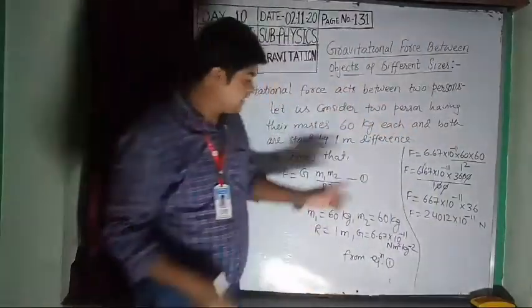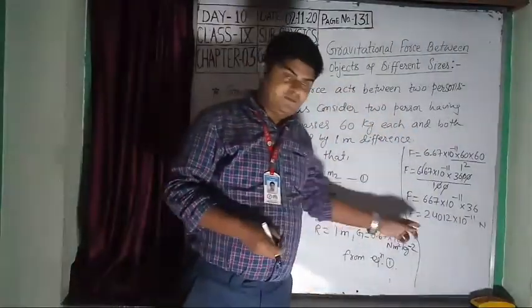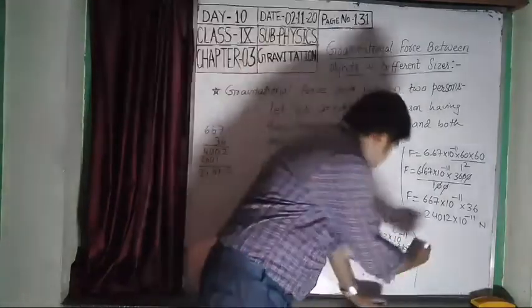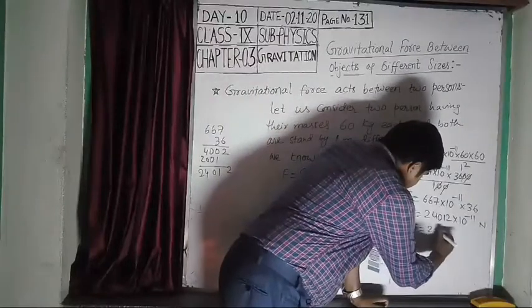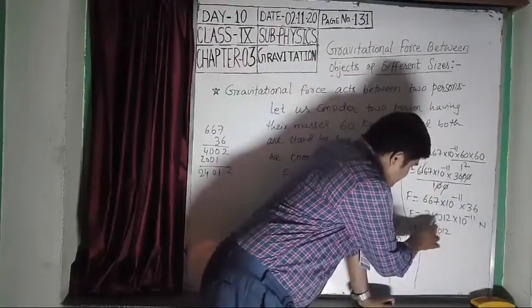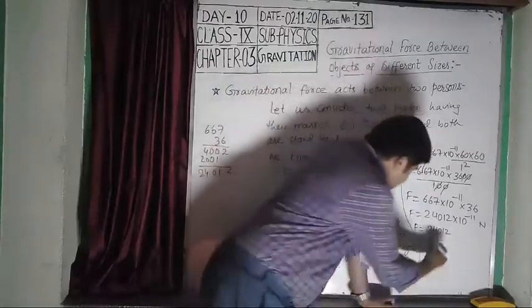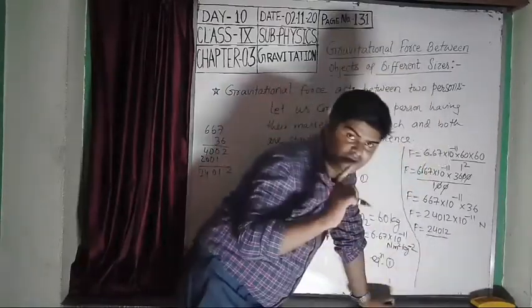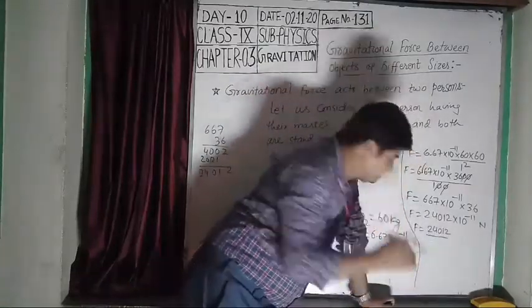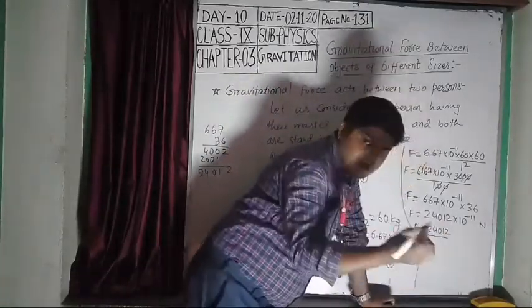But this is not the correct answer, because after this you must put it in standard form. So F is equal to 24012. How many digits here? 1, 2, 3, 4, 5. That means you will divide so that you keep only one digit before the decimal. This is a 5 digit number, so you will take 4 zeros. If it is 6 digits, you will take 5 zeros.